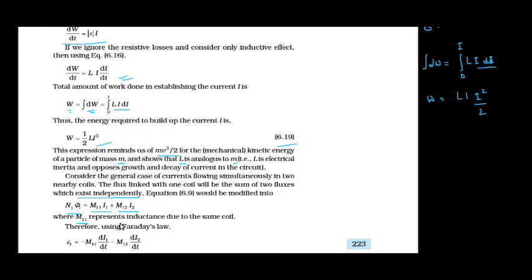If you remember in the previous video, we wrote M12 and M21 because there were two coils and the inductance of one coil with respect to another. So we wrote M12. But here there is only one coil, so we have written M11.